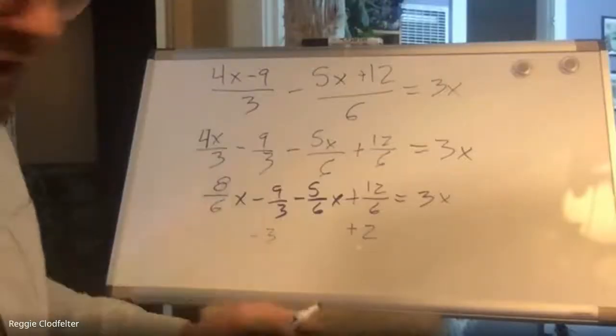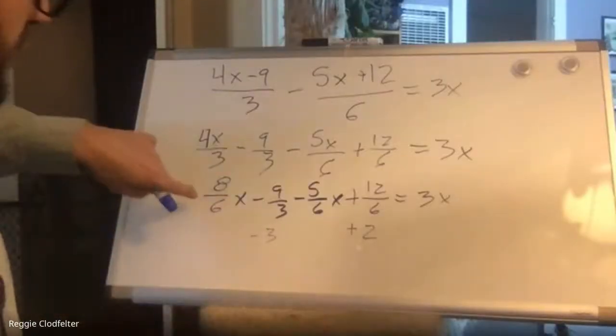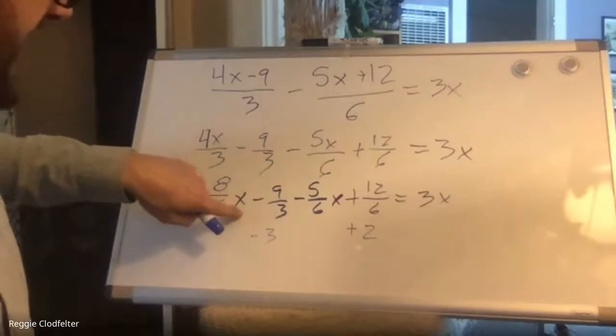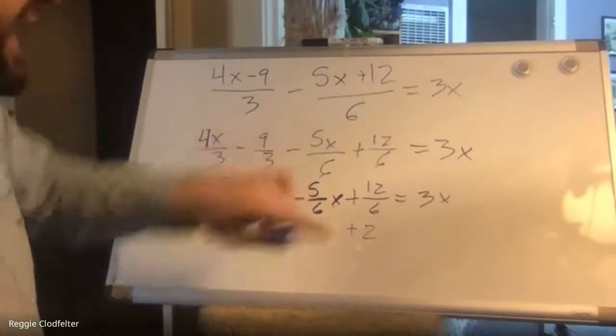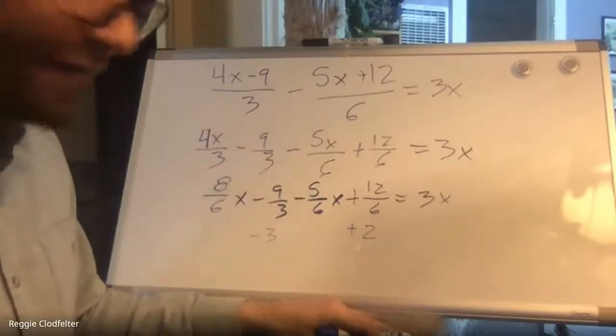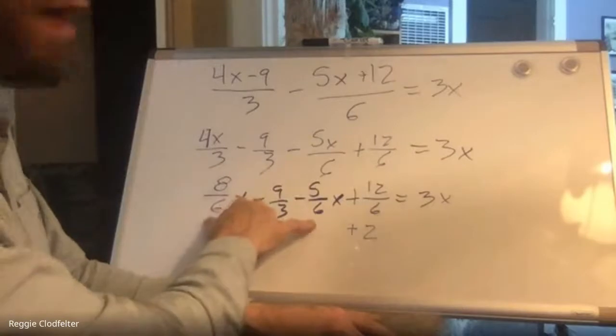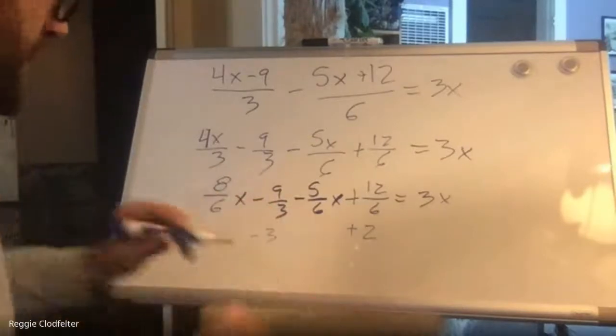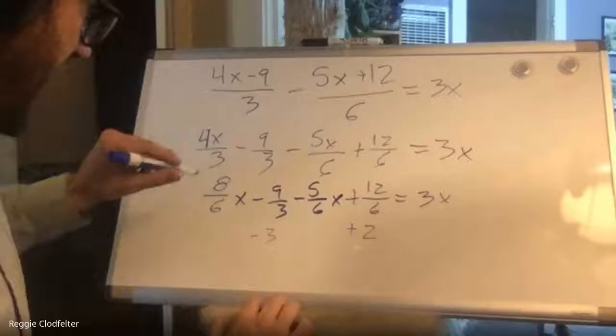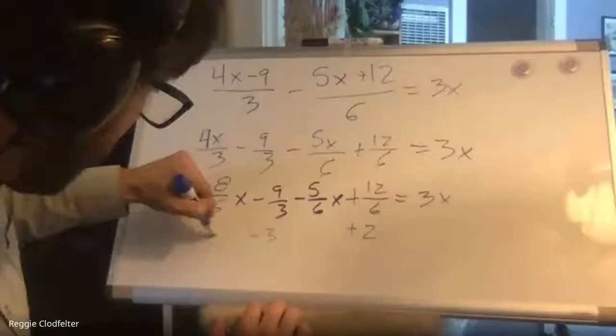Yes. So now I'm just going to combine my like terms. So I have 8/6 x minus 5/6 x. So what does that leave me? 3/6 x. I took my 8 and subtracted my 5. My denominators were the same, so I could leave them. So I have 3/6 x.